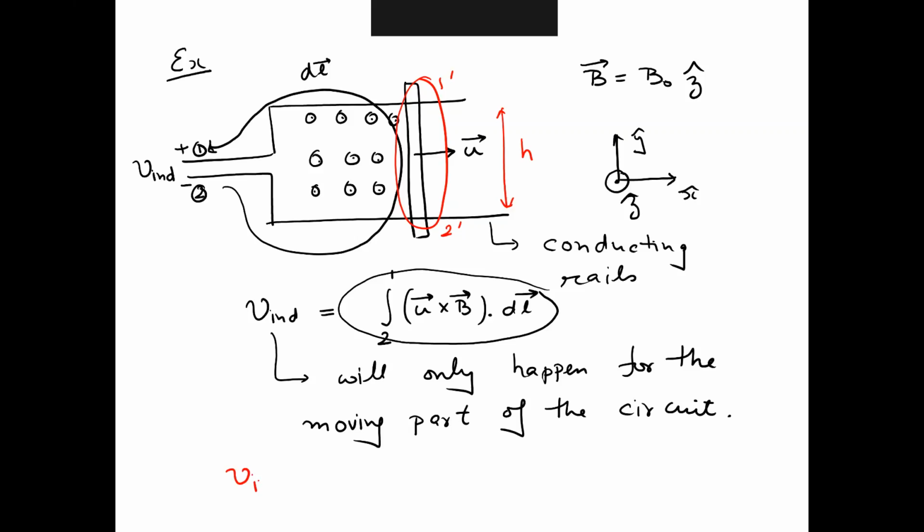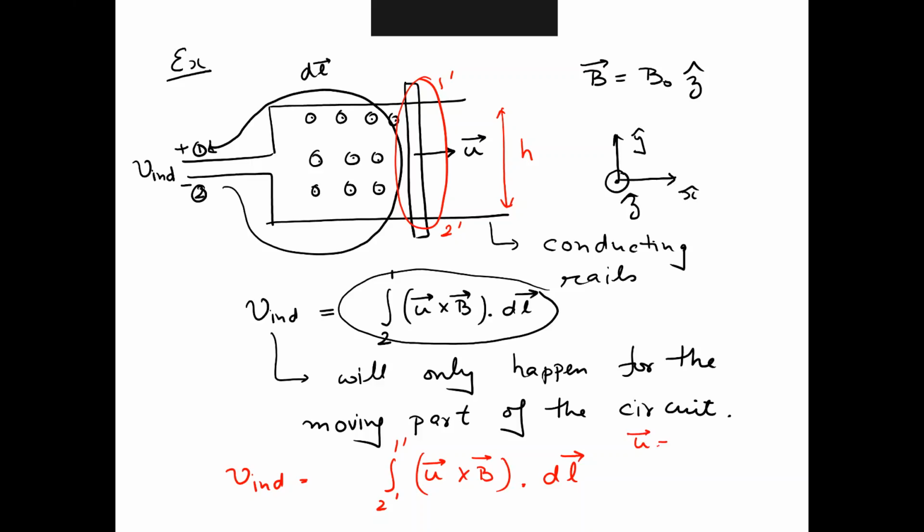So I have to calculate V from 2' to 1', U cross B dot dl. I have to go from here to here, and I have to do that integral. That is only over the part of the circuit changing in time.